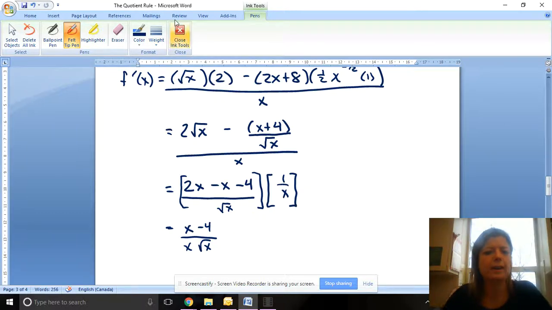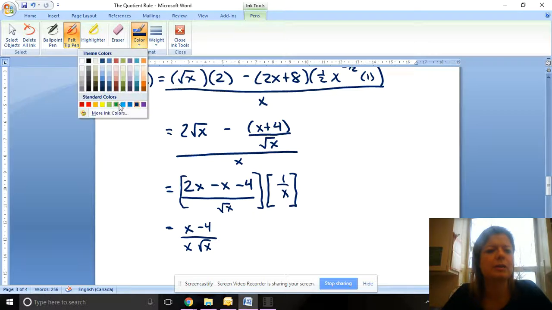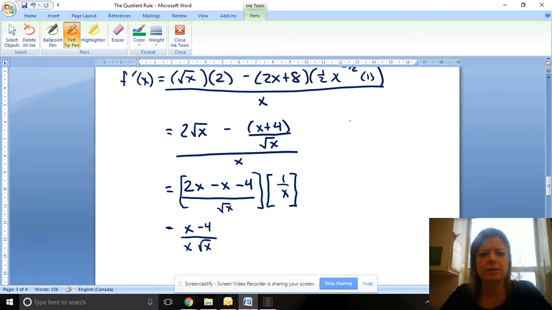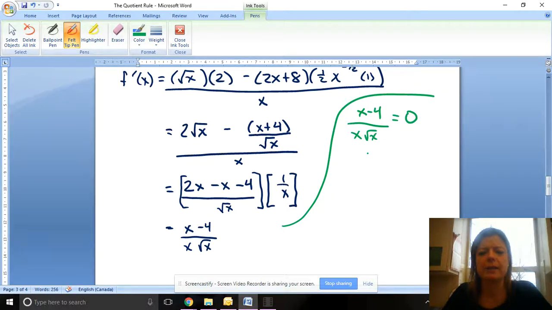So where is this guy equal to 0 is what we need to solve now. So I'll just do a different color over here. So now I want to set x minus 4 over x root x equal to 0. And so when I solve that, you can just cross multiply. So then I just get x minus 4 equals 0. So x is equal to 4.